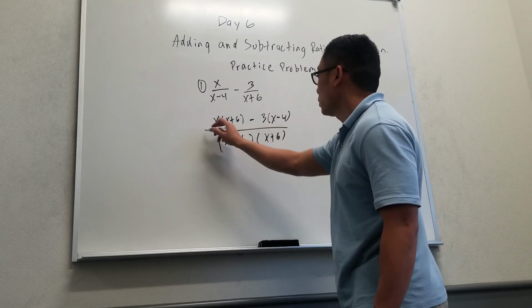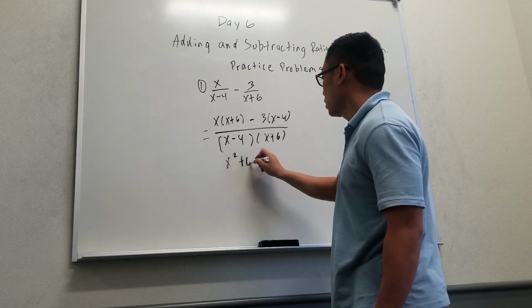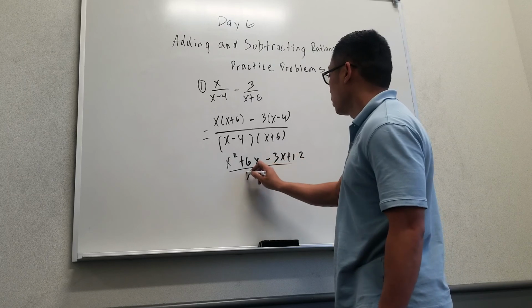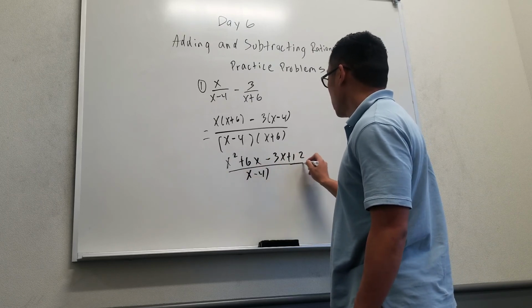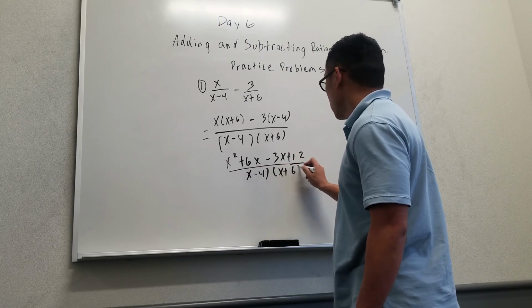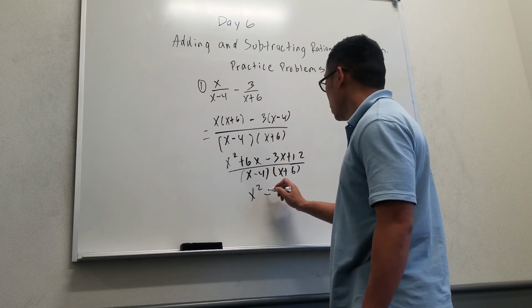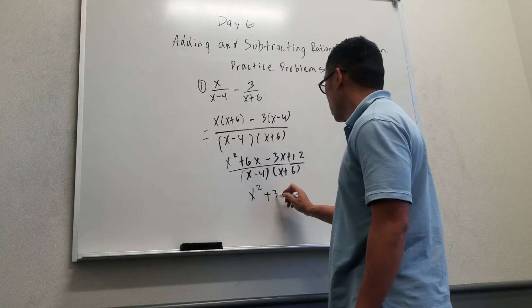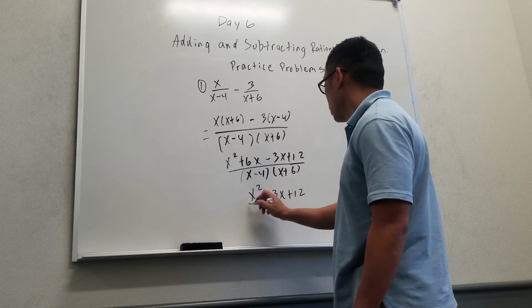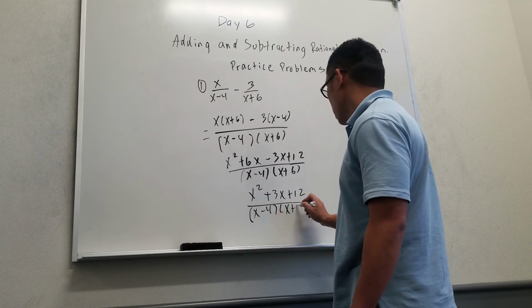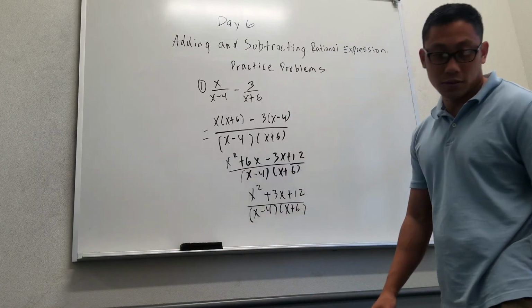Then you just distribute, so you got x squared plus 6x minus 3x plus 12 over x minus 4, x plus 6. And you combine like terms, you have x squared plus 3x plus 12 over x minus 4, x plus 6. That's it.